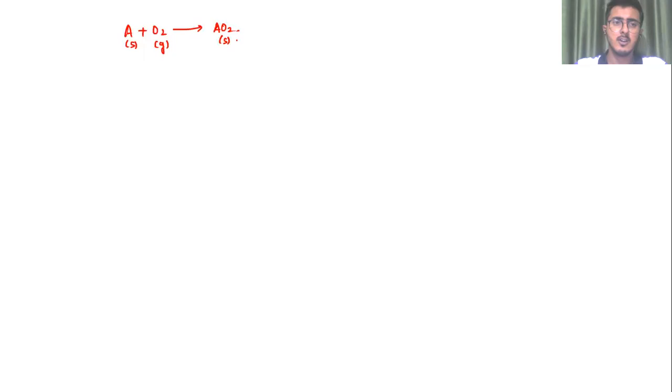Considering that my melting point of A is lower than the melting point of my AO2, what will happen after some time as I'm increasing the temperature continuously?